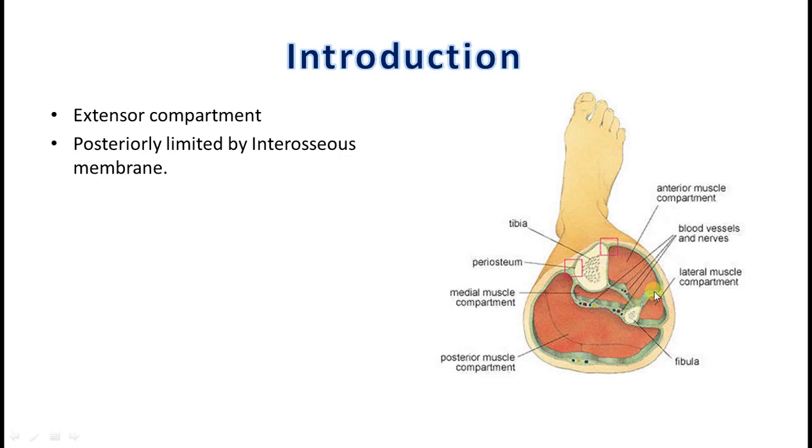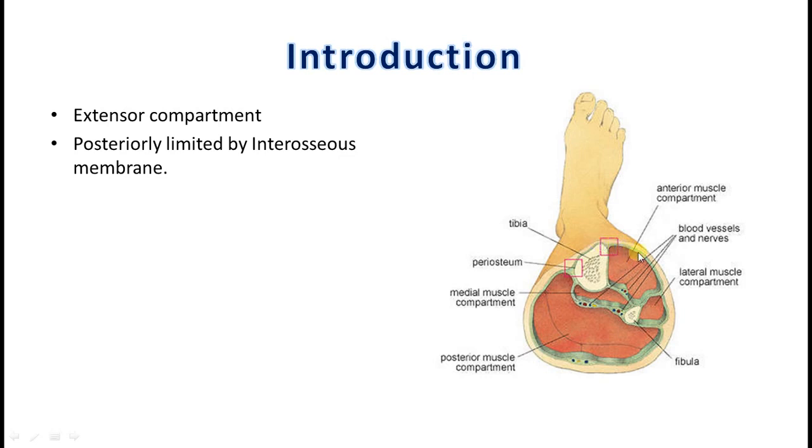This is our extensor compartment, which is limited medially by the extensor surface or lateral surface of the tibia, laterally by the extensor surface or medial surface of the shaft of the fibula. Posteriorly you see the interosseous membrane extending between the tibia and fibula, forming the posterior limit.